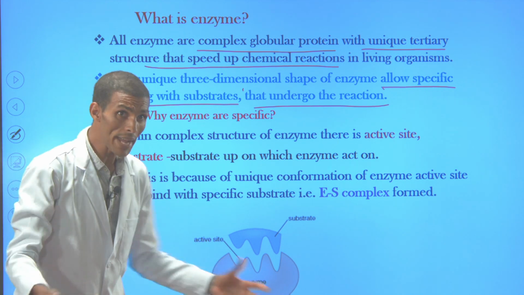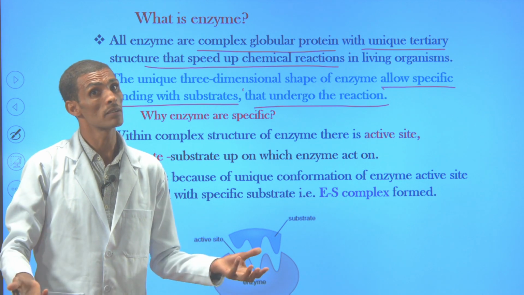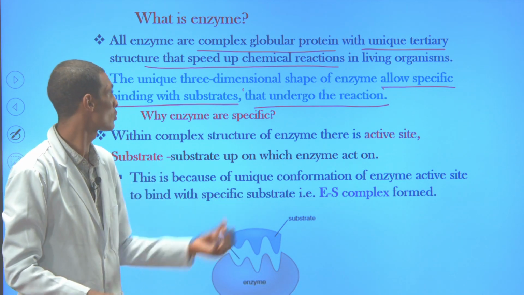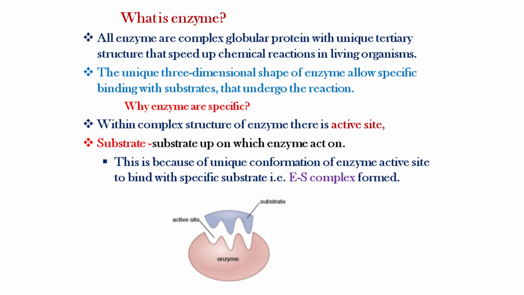So, why is an enzyme specific? What do you think are the factors that make enzymes specific? Well, within the complex structure of an enzyme, there is an active site. The three-dimensional shape of the active site allows the enzyme to bind specifically to specific substrates.